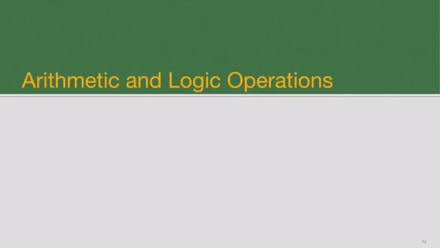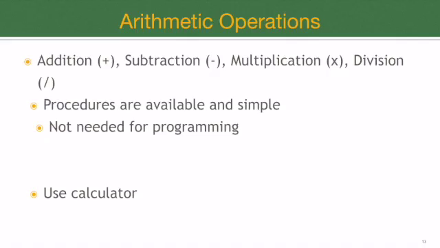We will now have a look at some of the arithmetic and logic operations that can be performed on binary numbers, that are frequently used in programming, and that will be required for a better understanding of computers. The arithmetic operations on binary numbers are simple. These consist of addition, subtraction, multiplication, and division.